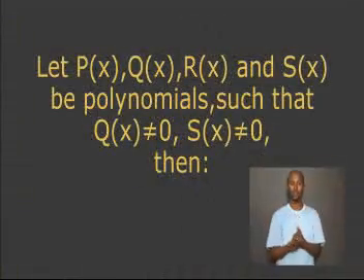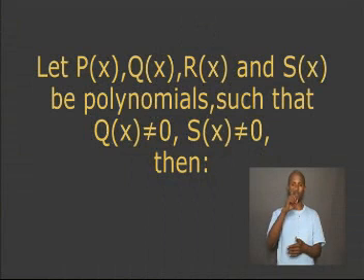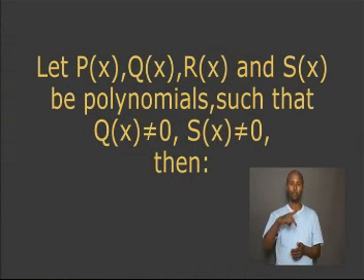The multiplication of rational expressions is equally straightforward. Let P of x, Q of x, R of x, and S of x be polynomials such that Q of x and S of x do not equal 0.